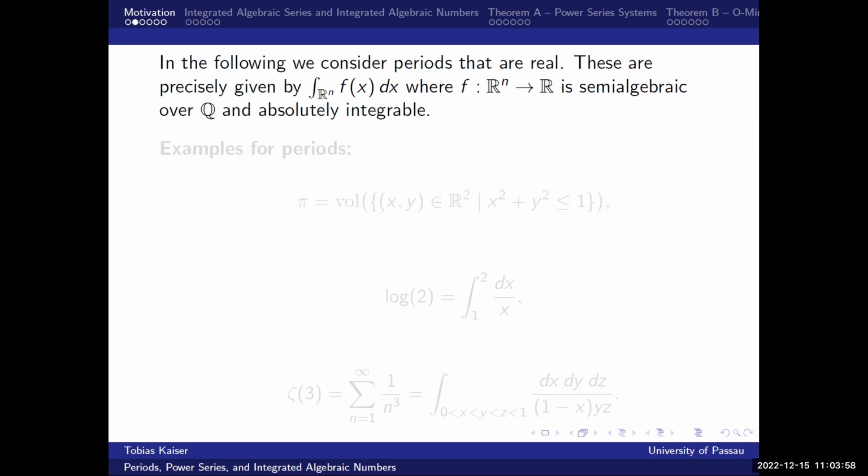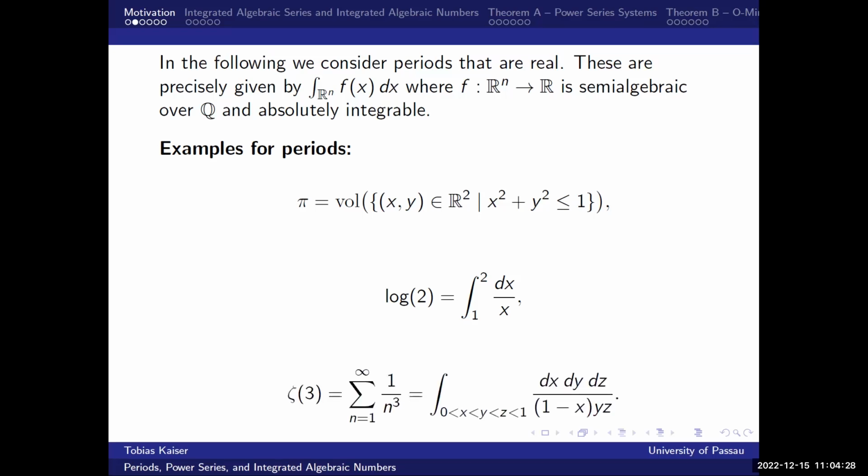Here are examples for periods. For example, pi. Pi is a period because it's just the volume of the unit disk in the plane. For example, the logarithm of 2, and logarithms of natural numbers, given by an integral of a semi-algebraic function defined over Q. Or, more complicated, the theta function at natural numbers.